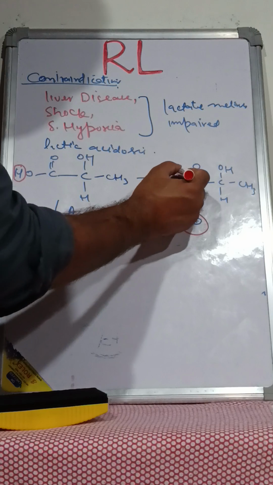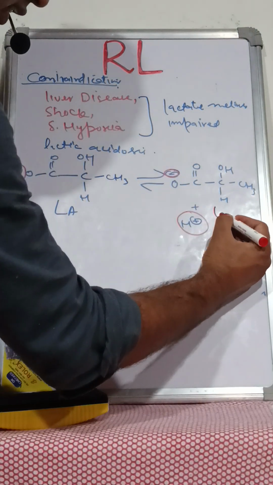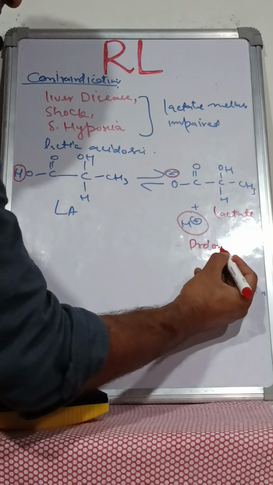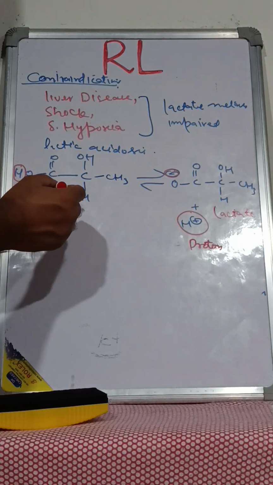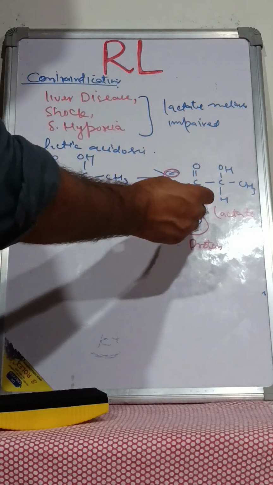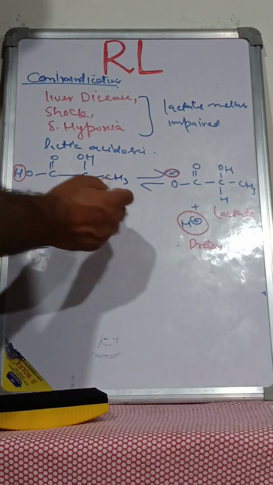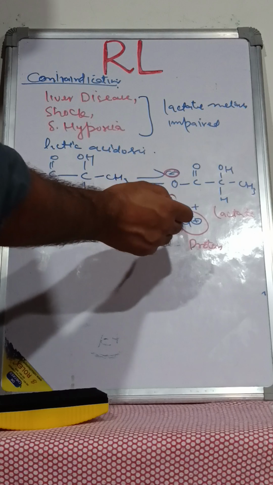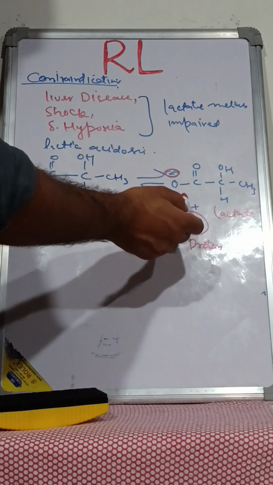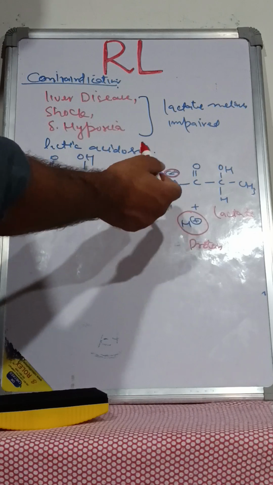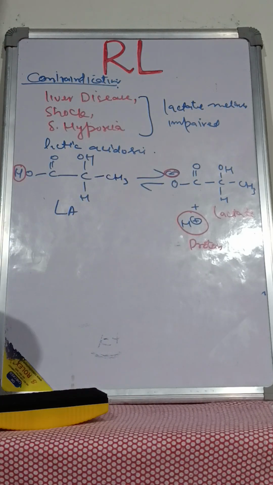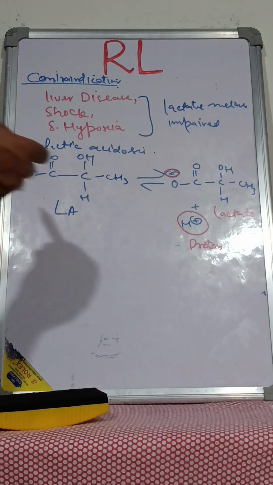Now this is lactate plus proton. Lactic acid gets dissociated into lactate. Now this is the conjugate base of lactic acid, since it has the ability to accept another proton and form its conjugate acid, that is lactic acid. So this is the lactate.